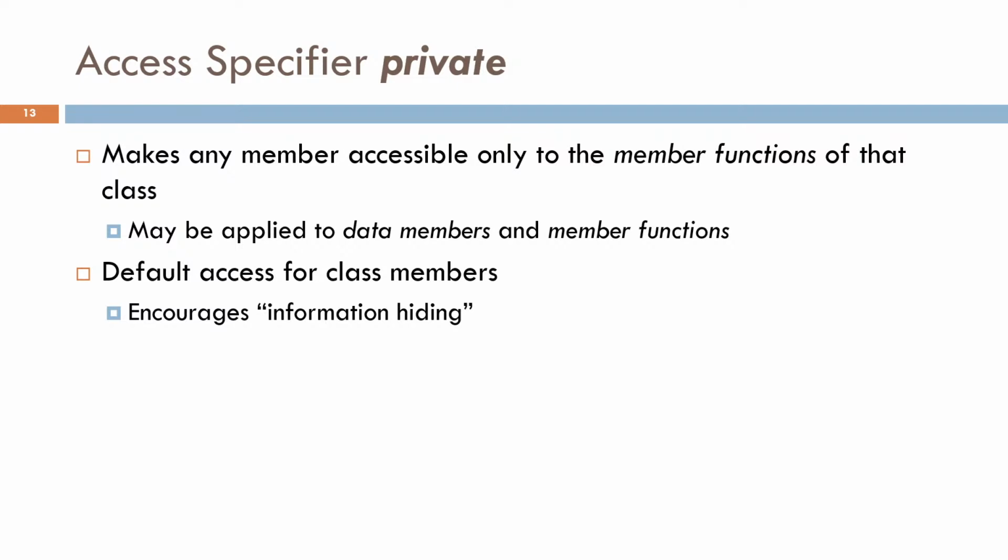So that's what we refer to here as information hiding. Basically, you're having a more controlled way so that only certain functions can access your data members and your member functions within that particular class. Anything outside of that class cannot access it once you're using the access specifier private.